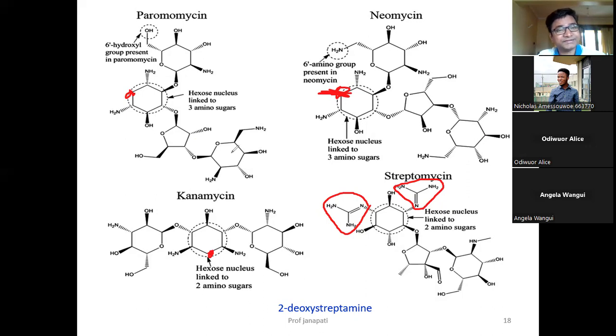You can see streptobiosamine here; this is also one sugar portion. Many sugar portions are present in paromomycin, neomycin, and kanamycin. Deoxystreptamine is present in all other drugs except streptomycin. So this is regarding streptomycin. Any doubt, please?